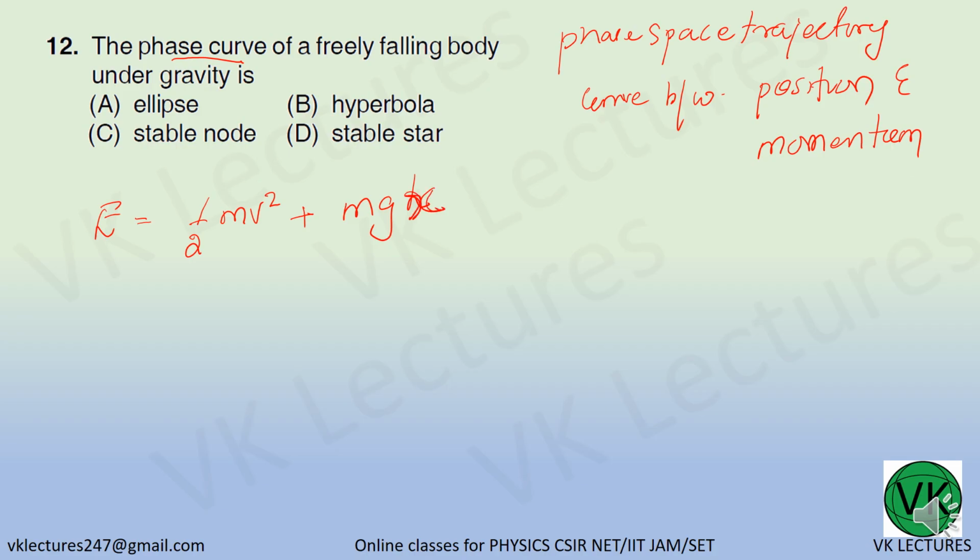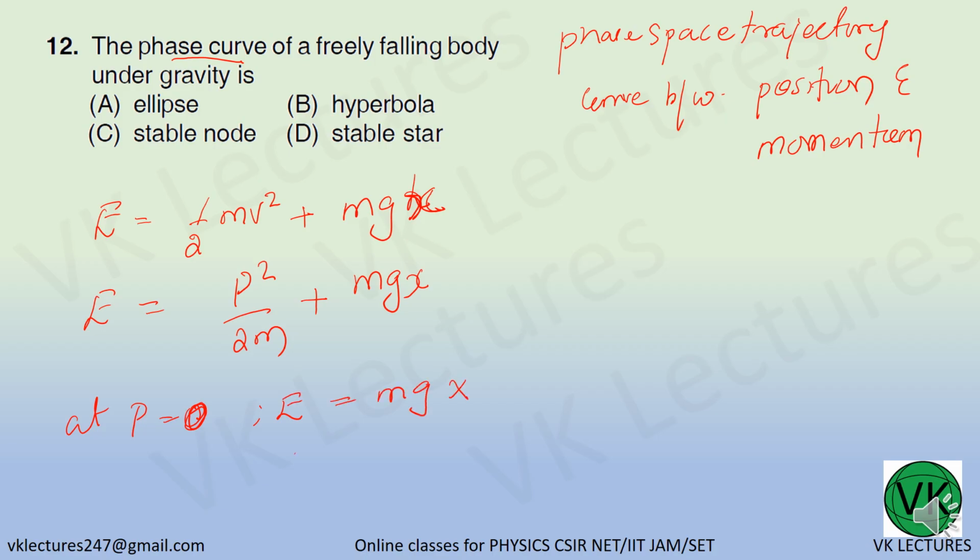We can write kinetic energy as p squared divided by 2m, where p is momentum, plus mgx, just to write energy in terms of position and momentum. Now when will the momentum be equal to 0? At the initial position. At momentum equal to 0, your energy is equal to mgx, which means energy is proportional to x.